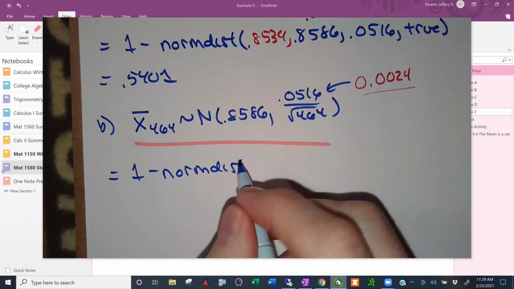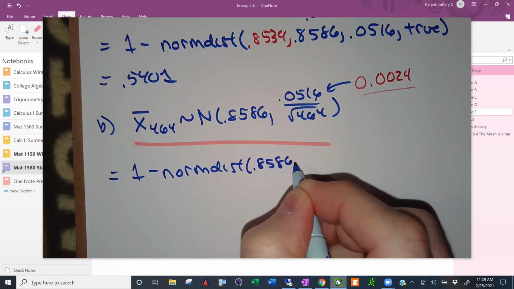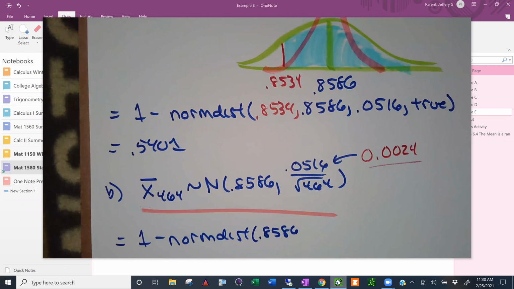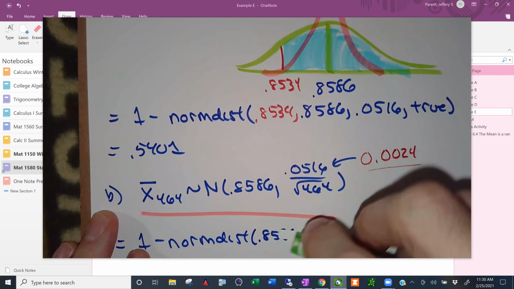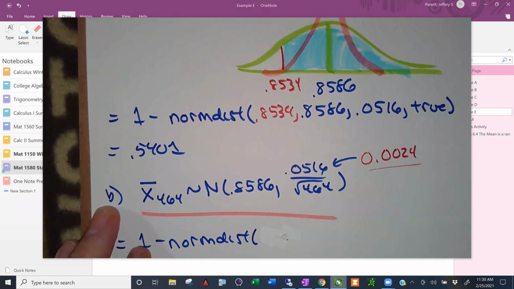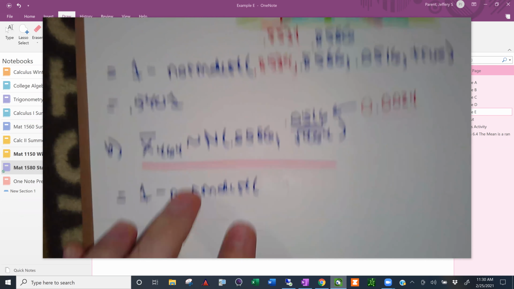1 minus norm distribution of 0.8586. Oops, no, wrong number. My bad. What number should I have here? 0.8534. Yeah, 34. In fact, I'm going to do it like I did up here. This number, I'll put all in red.